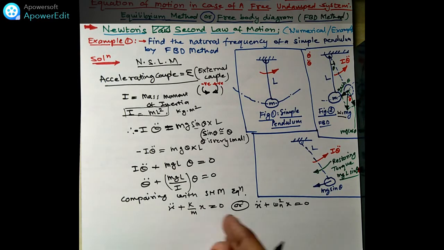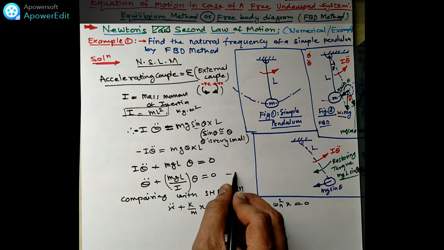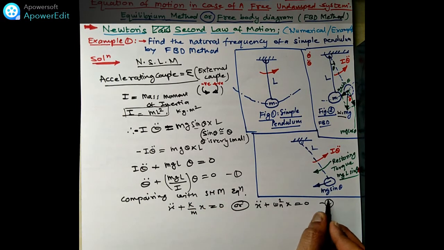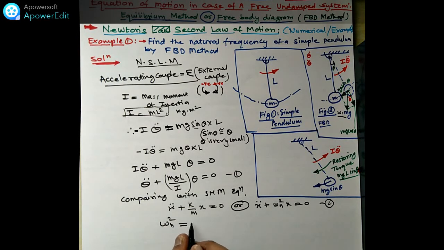Already you can watch the video. Comparing equation 1 and equation 2, directly we can write omega n square is equal to mgL by I, so omega n is the square root of mgL by I.